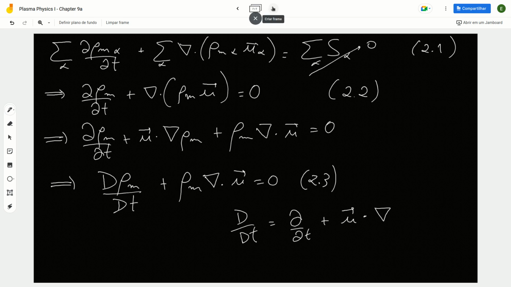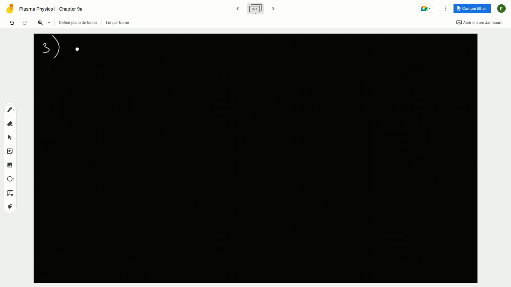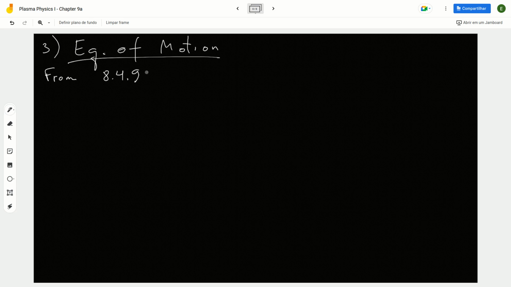Now let's do the equation of motion. Okay, we start by summing equation 8.4.9. So from chapter 8, equation 4.9, I'm just going to sum the elements of that equation. So we get the summation here.